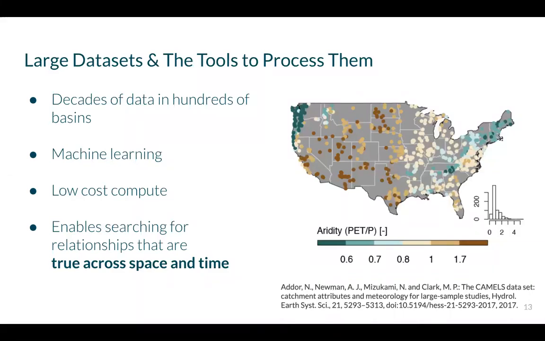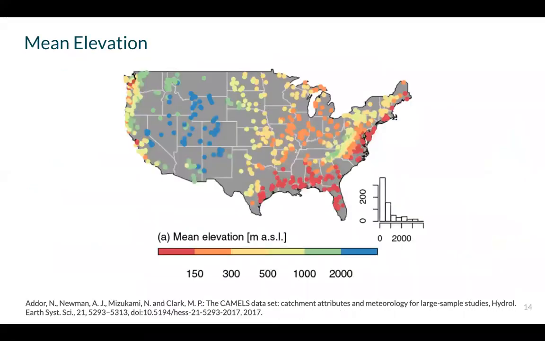So I want to show some examples of the data and the diversity of data that we have that we can start to look at. So each of these next slides is going to be some condition about the basin, and each point is colored based on the variable that we're looking at. So here we're looking at the average elevation of each basin.